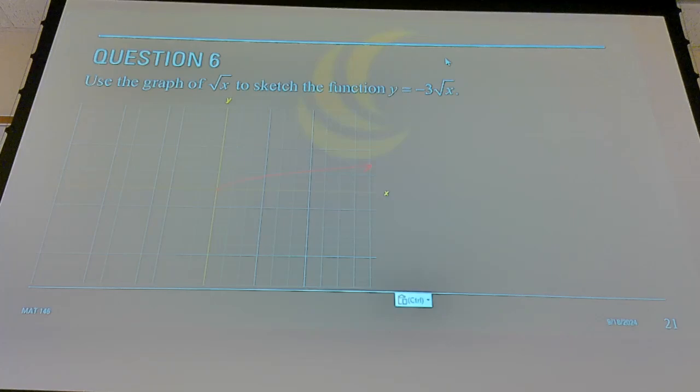All right, so the vertex doesn't change. I'll just call it vertex for lack of a better word. But now all of your output values get multiplied by negative 3, right? So it's going to be upside down and then multiplied by 3. That goes there, and I do have enough room. 2, 3, 4. That has to go down to 6 now.